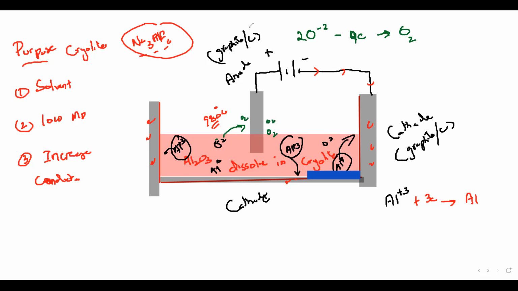But because the temperature is very high, the carbon starts to react with oxygen and forms carbon dioxide.